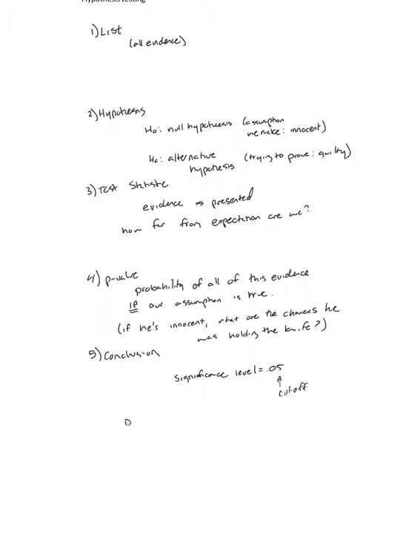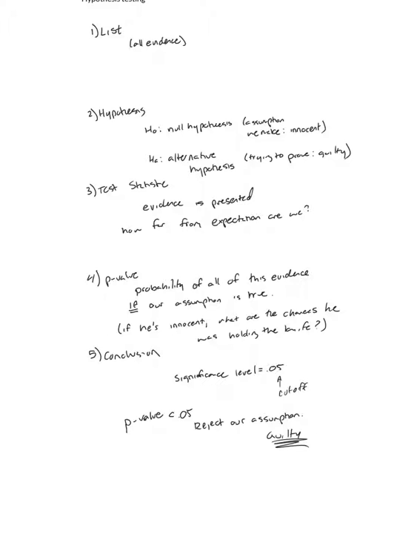We say if our p-value is less than 0.05, that is, if there's less than a 5% chance of that happening, we reject our assumption. That is, in this case, we're rejecting the idea that he's innocent. If we're rejecting the idea that he's innocent, that means guilty.